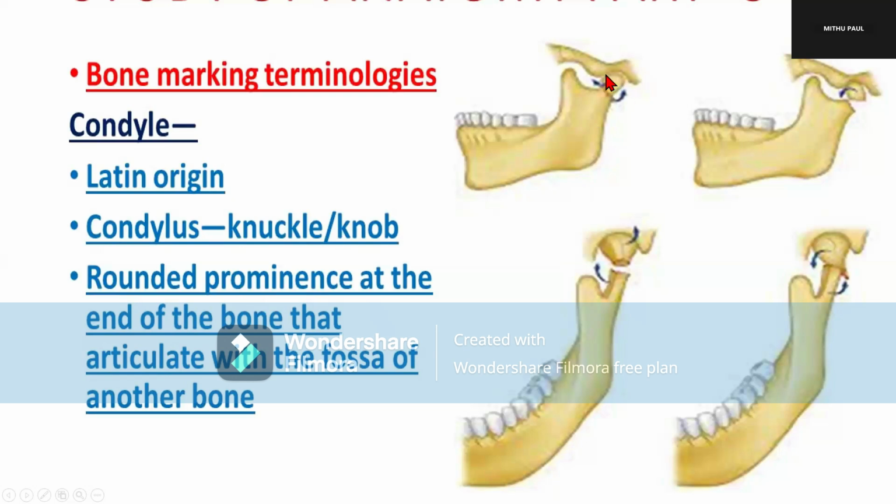Whenever it is rounded to articulate with the corresponding part to form a joint, the corresponding part has to be a depressed area. So the rounded part of any bone articulating with the fossa to form the joint is named the condyle.